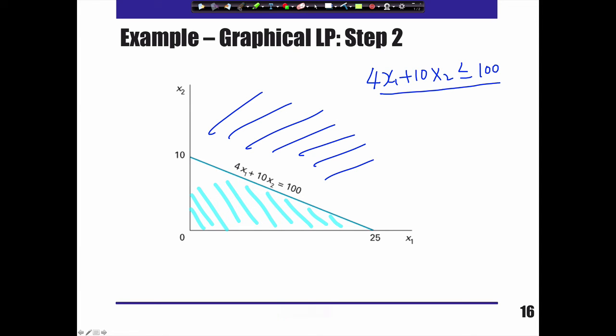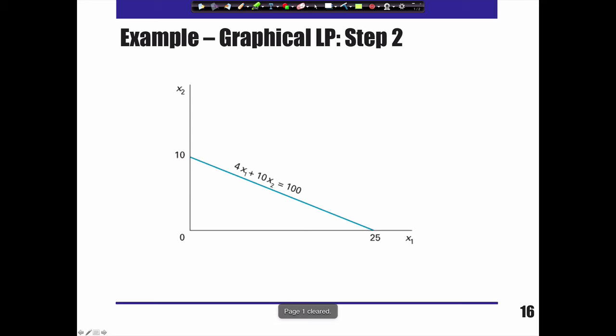So if you choose the point (0,0) and plug in 0, 0 is less than 100. So (0,0) satisfies this constraint. So what we can say is only this area can satisfy this constraint.